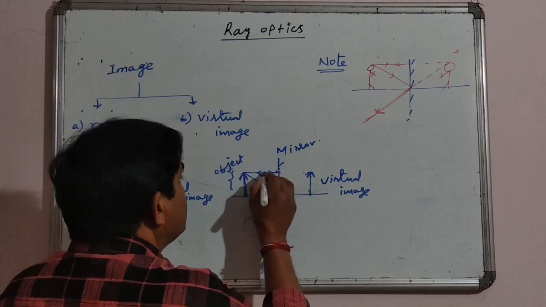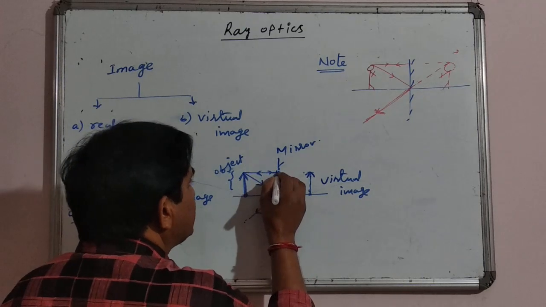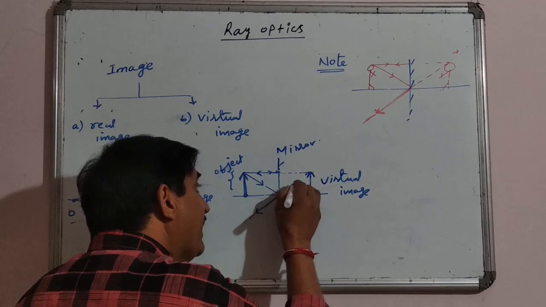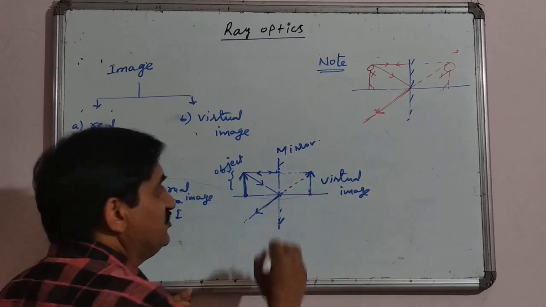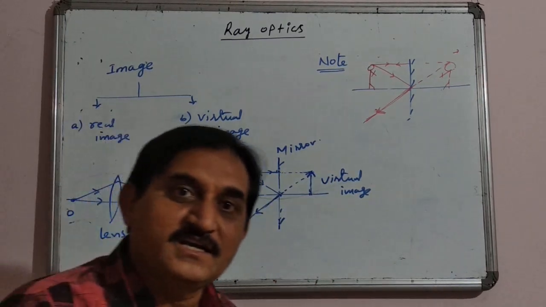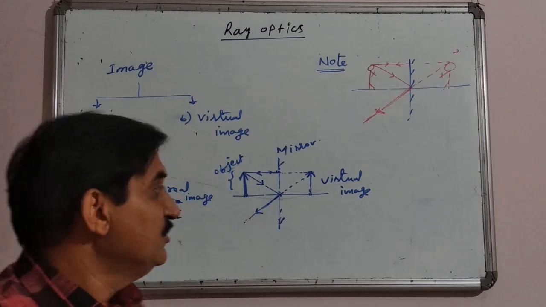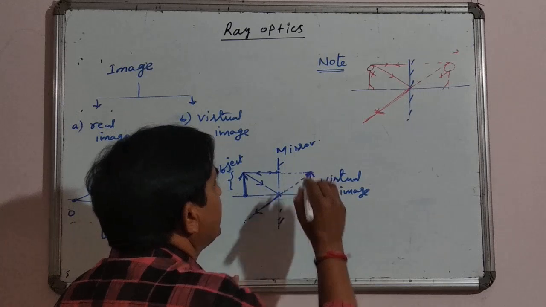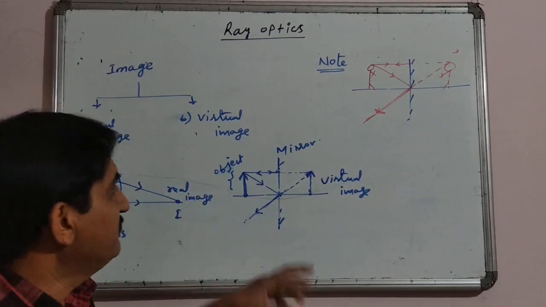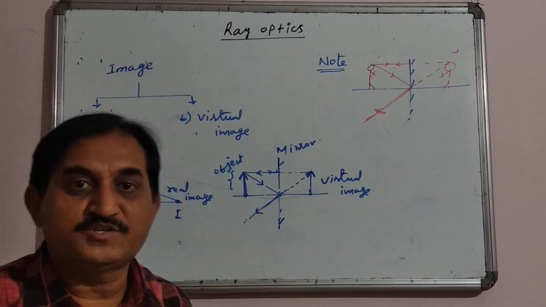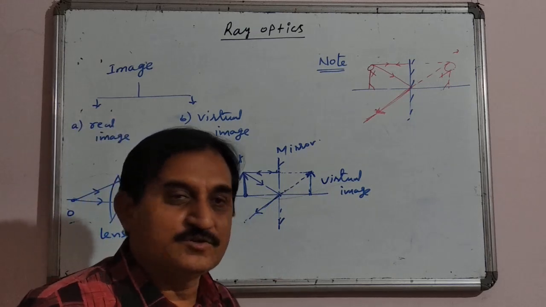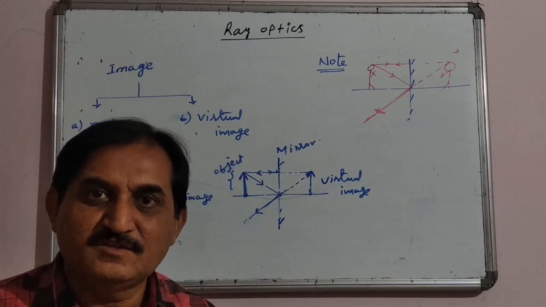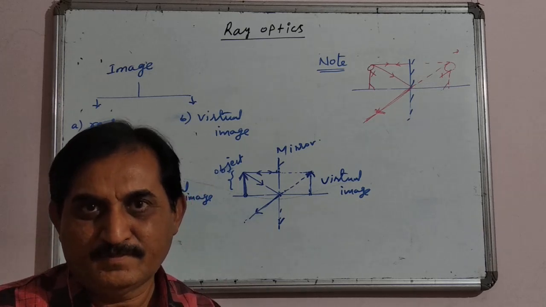Now this reflected ray is extended back, and this reflected ray is also extended back. They are intercepting each other. That is apparent interception of light. By this apparent interception of two light rays which are extended back, we get the position of the virtual image.